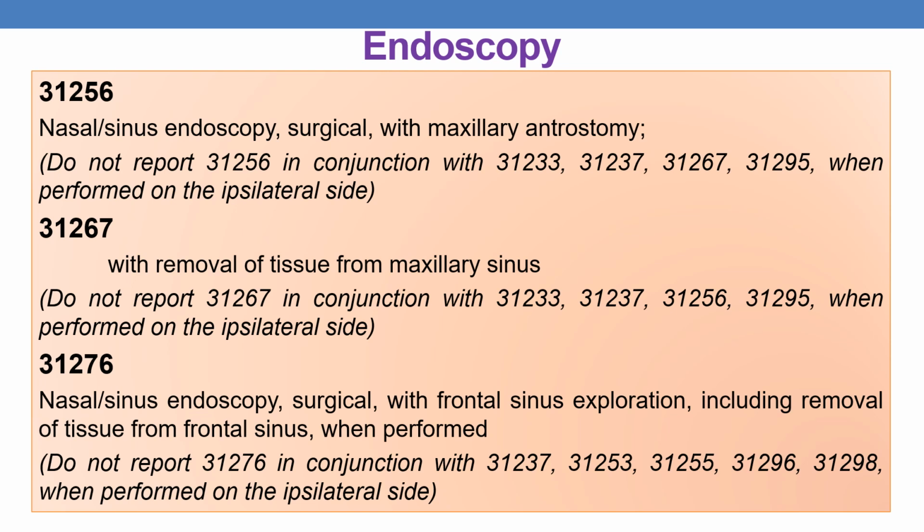It deals with nasal or sinus endoscopy, surgical with maxillary antrostomy with removal of tissue from the maxillary sinus. The next is 31276. It deals with nasal or sinus endoscopy, surgical with frontal sinus exploration, including removal of tissue from frontal sinus when performed.